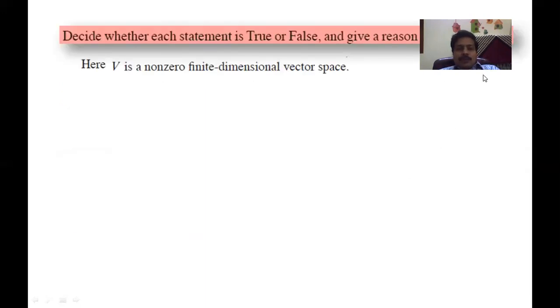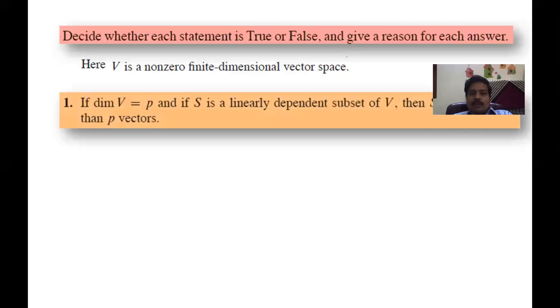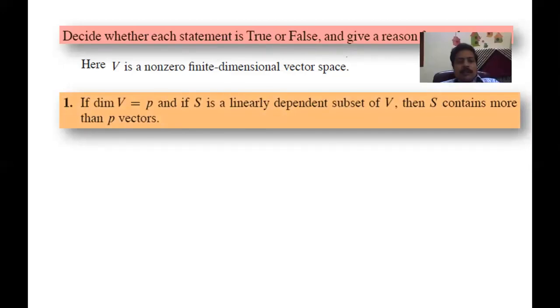So let us look into some more examples. Decide whether each statement is true or false and give a reason for each answer. Here V is a non-zero finite-dimensional vector space. If the dimension of V is P and if S is a linearly dependent subset of V, then S contains more than P vectors.